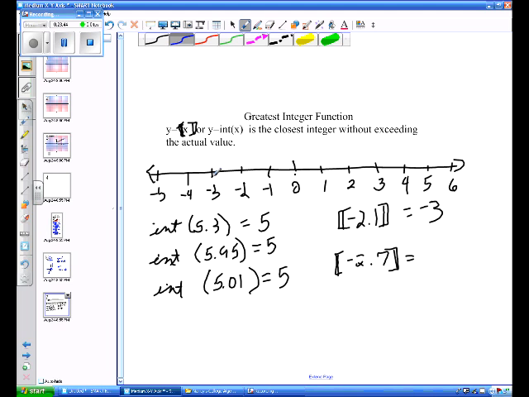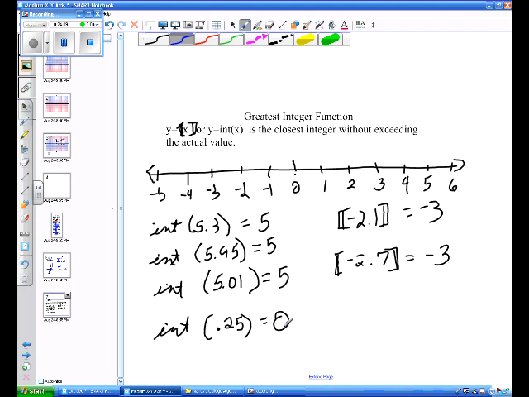We've gotten bigger. So we would go to negative 3. What if we wanted integer 25 hundredths? Well, that's right here, or 1/4. It's right here. So the closest integer without going over would be 0.